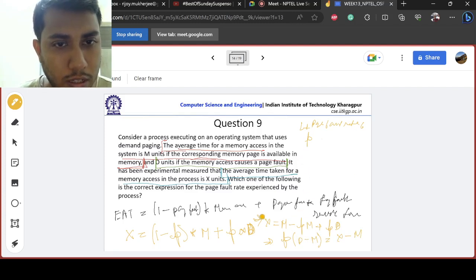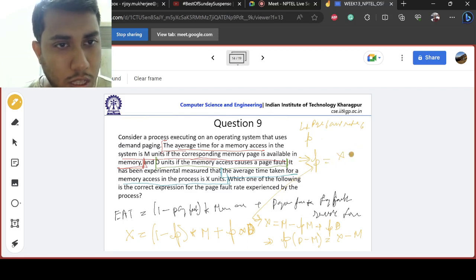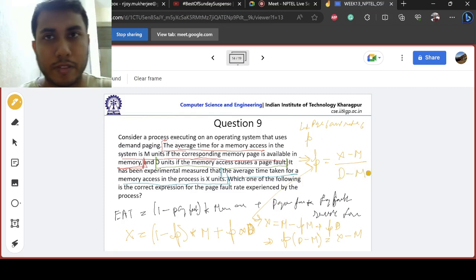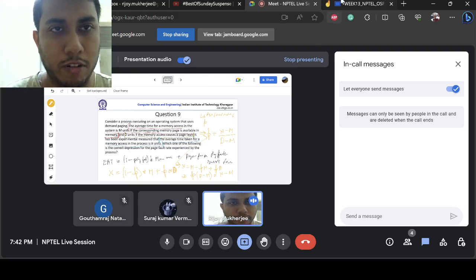If we continue, p is equal to (x minus m) divided by (d minus m). That is the expression that is required.